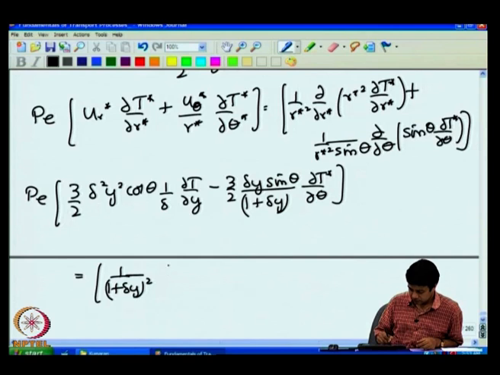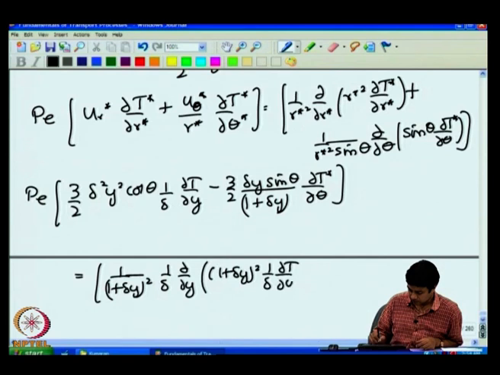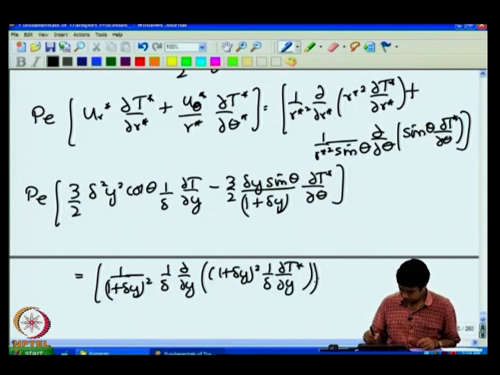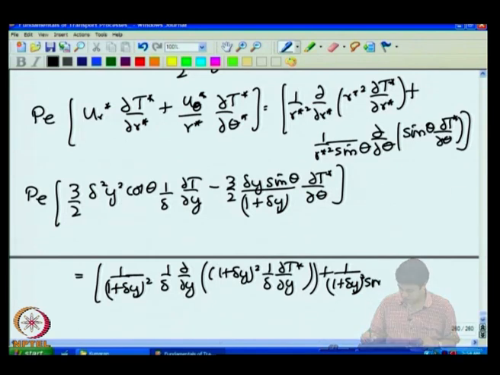d by dr is 1 by delta d by dy of r square, which is 1 plus delta y the whole square, times 1 by delta partial T by partial y, plus 1 by 1 plus delta y the whole square, 1 by sin theta d by d theta of sin theta dT by d theta.